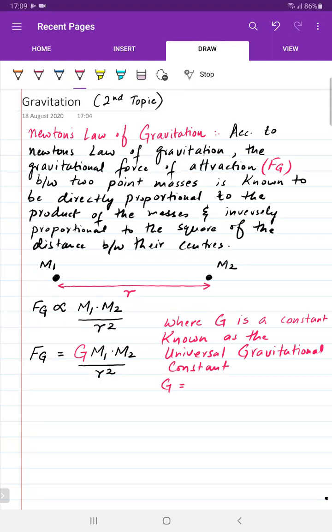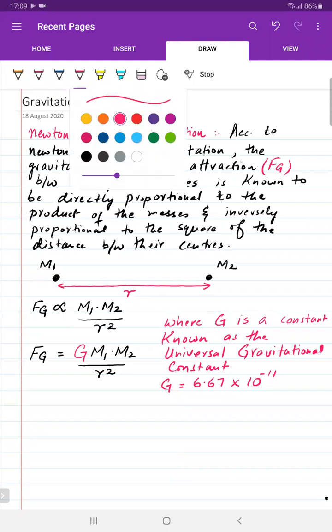The value of G, which is a constant value, is 6.6 times 10 to the power of minus 11.